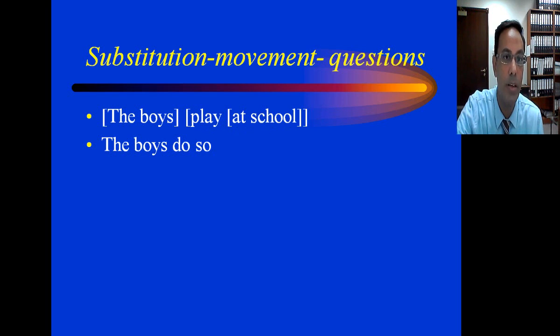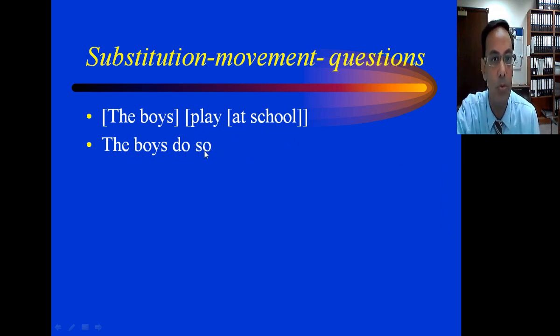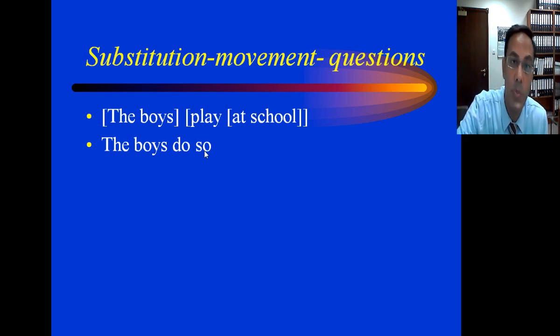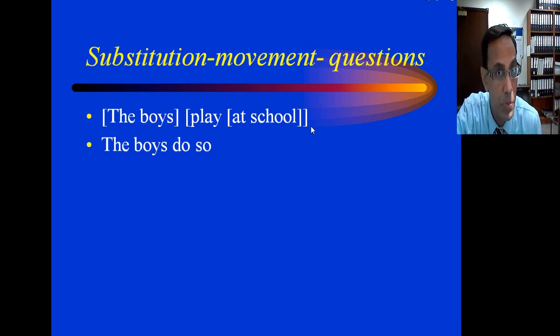We can substitute it with do so. And at school can be substituted with so. We can move it, or we can say: At school, the boys play. This is a unit. Or we can ask a question about this unit, for example, at school: Where do the boys play?